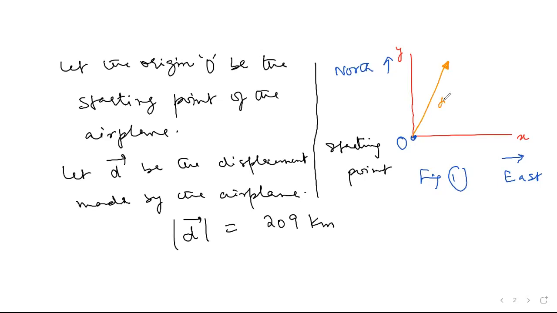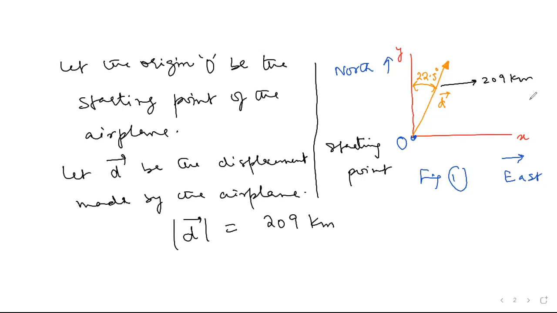This is my displacement vector d, and this angle is 22.5 degrees, because it is said that its magnitude, this length, as we said earlier, length of d is 209 kilometers, right?